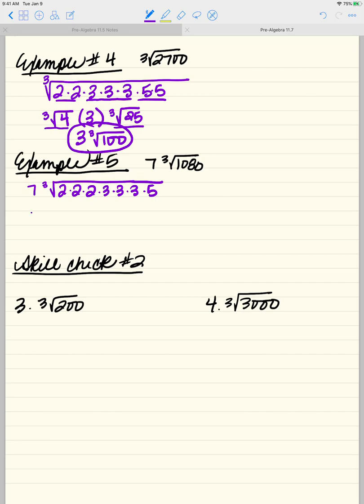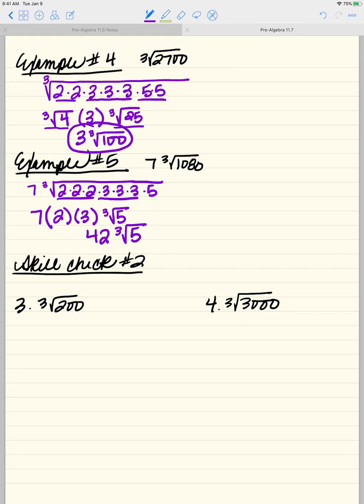So we end up with 7 times the cube root of 2 cubed is 2. The cube root of 3 cubed is 3. And then we have this lonely cube root of 5. So 7 times 2 times 3 is 42 times the cube root of 5. And you're all done. Okay.